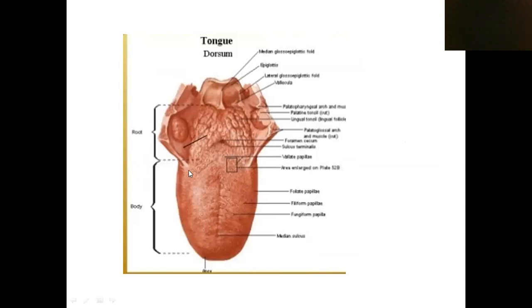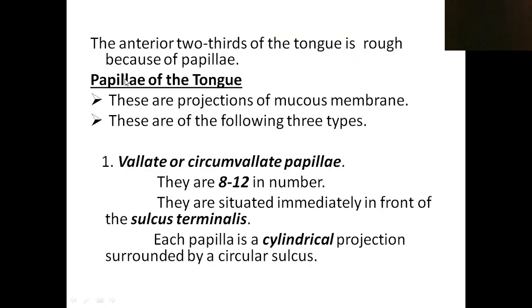Those foldings are known as foliate papillae. Filiform papillae are scattered throughout the dorsal surface, and they give the velvety appearance to the tongue. Fungiform papillae are mainly seen towards the margins, even though they are also scattered here. So these are some of the details of the papillae.